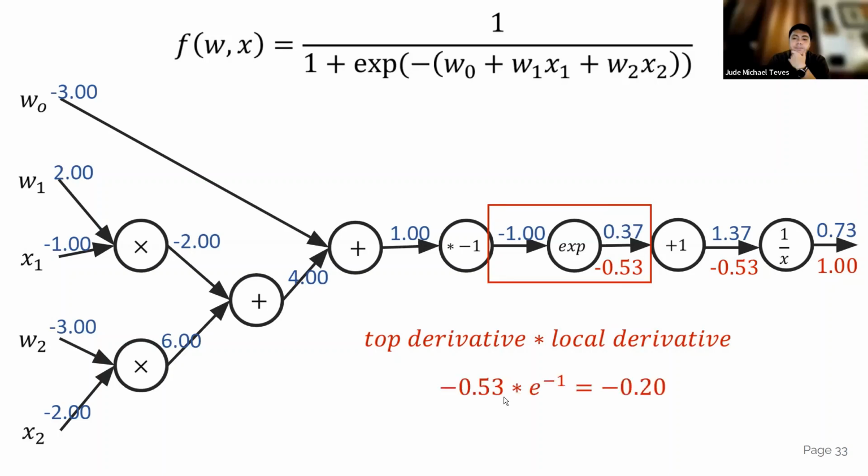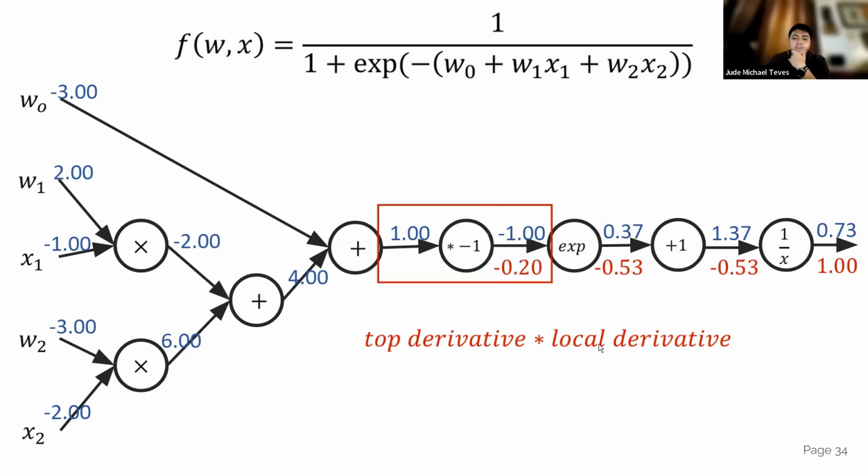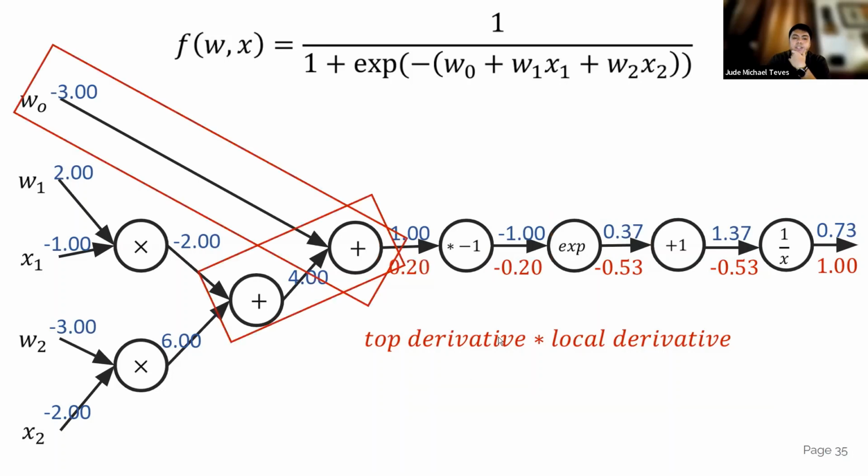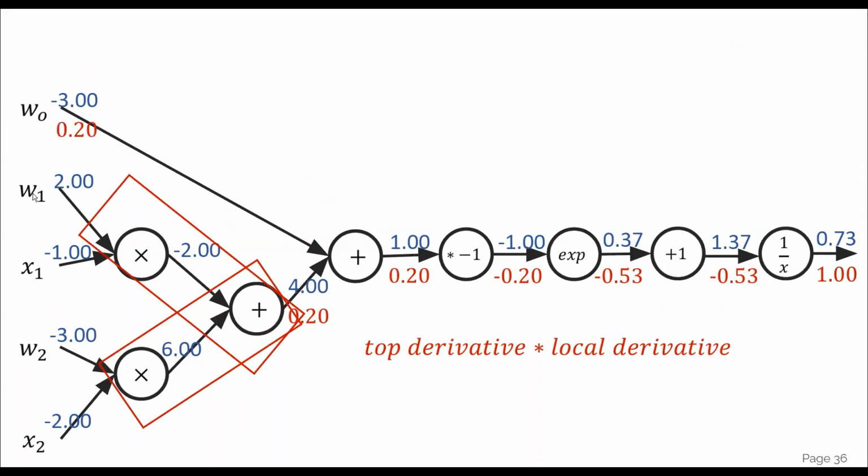So negative 0.53 times e raised to negative 1. This is the output. Then, yeah, backprop. You get the idea. It's just moving backwards up until we're computing for the gradients of all the weights that we need.